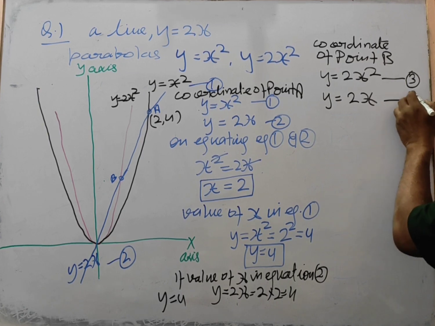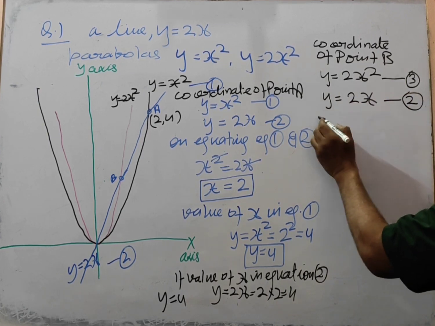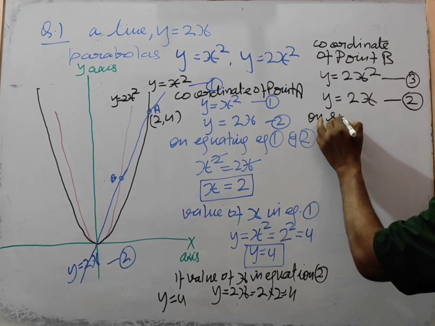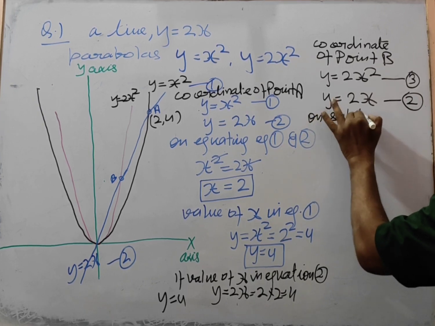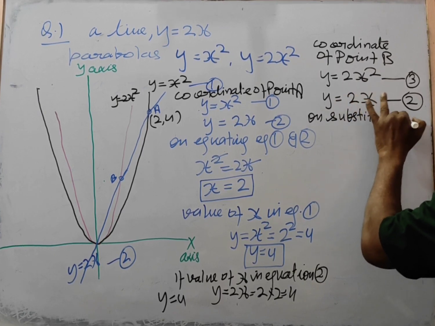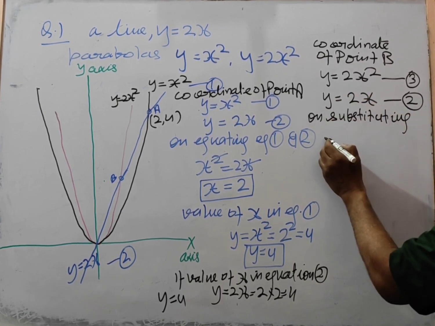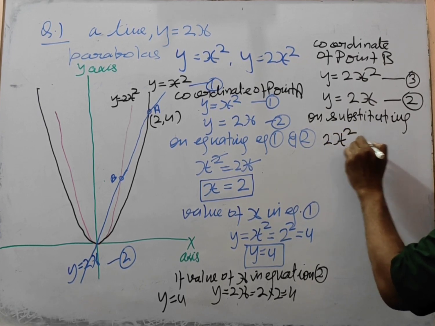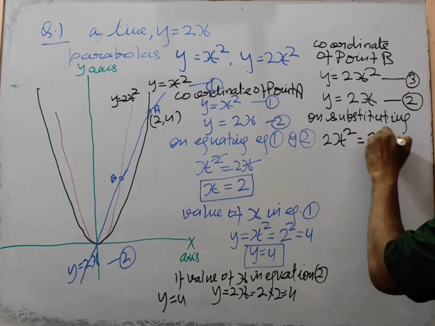So on substituting, 2x squared is equal to 2x.